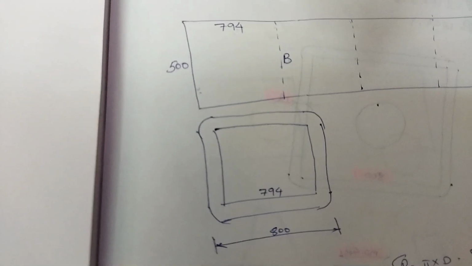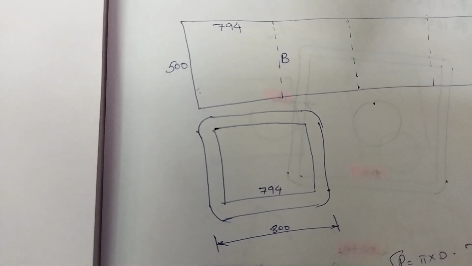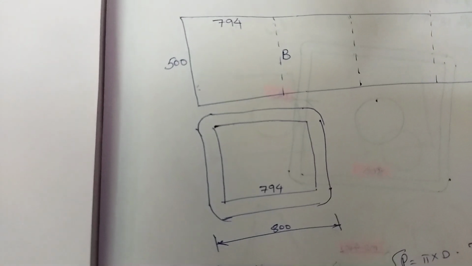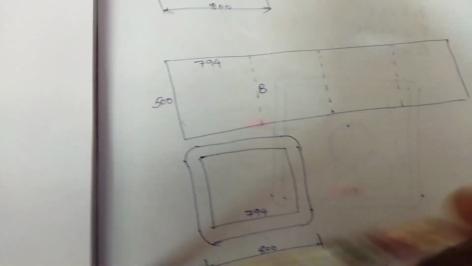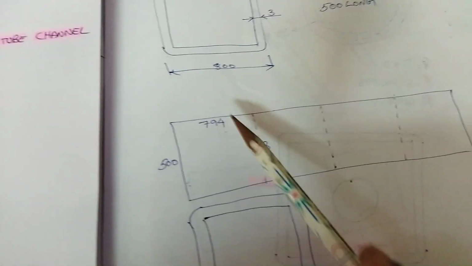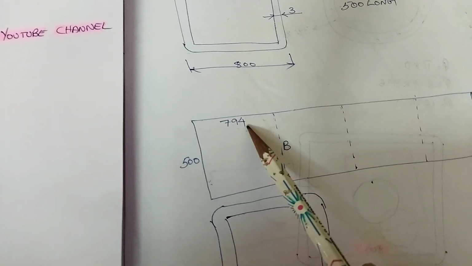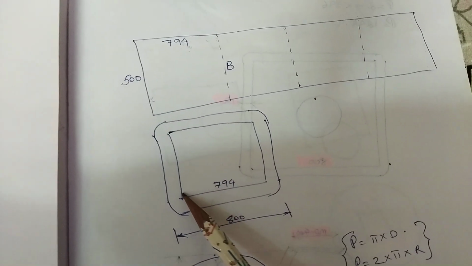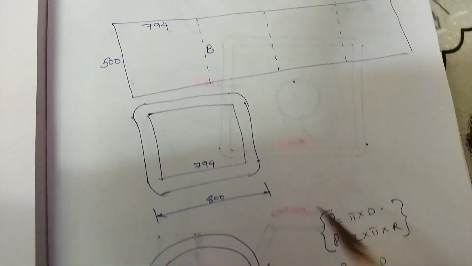The bottom side female part will be a V block type thing and the top side punch will be the male type. Okay. So if we do its development, remember its inside length has to be taken because bending happens there, 794. I have indicated it here. From here to here it will be 794. It won't be 800. 800 will be outside.